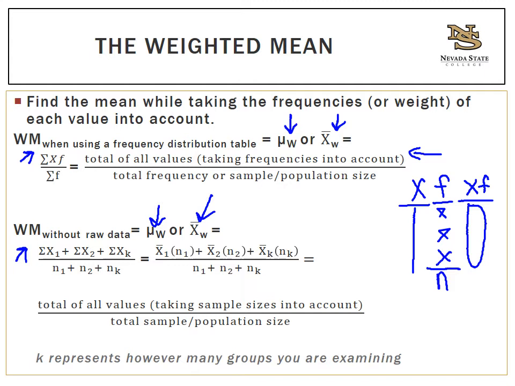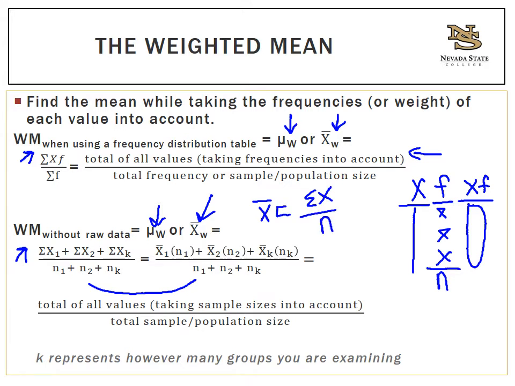This is when you're not using raw data, and oftentimes you're going to be using means and sample sizes and kind of combining those samples to come up with an overall mean. So these two formulas are completely equivalent. And the reason for that, and I can prove it with algebra, is that the formula for the mean is the sum of X divided by the sample size.